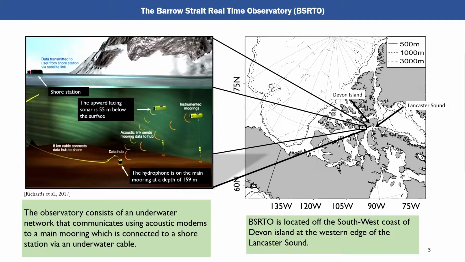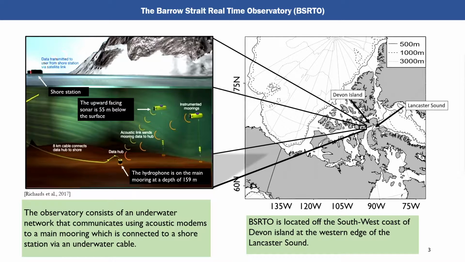So here's a look at the observatory that I'm working with. It's located in the western part of the Lancaster Sound in our Canadian archipelago. It's called the Barrow Strait Real-Time Observatory, which I might sometimes refer to as BSRTO, which is not that much shorter, but anyways.